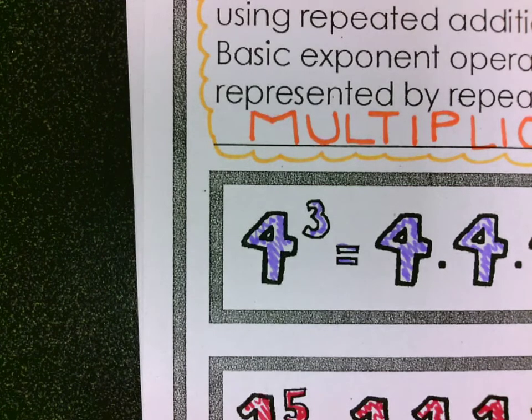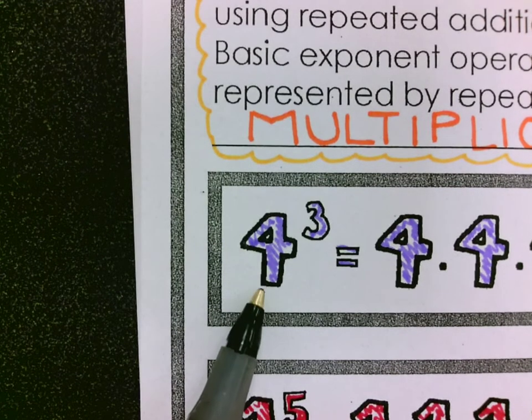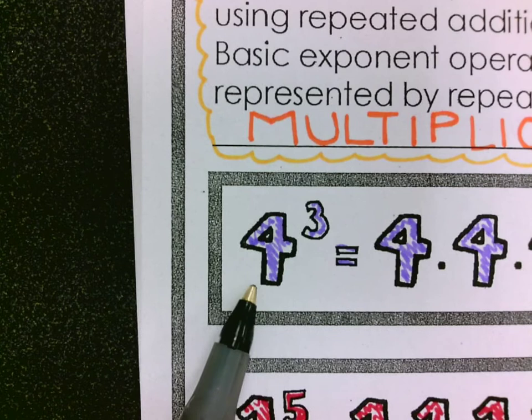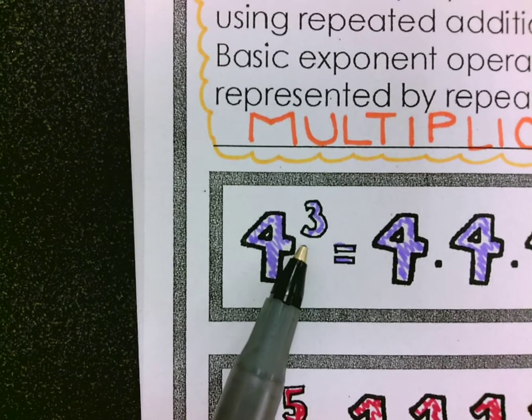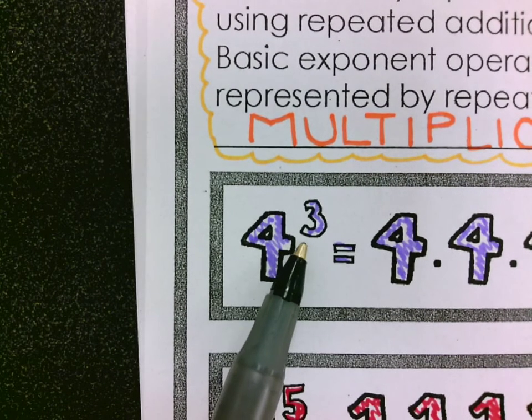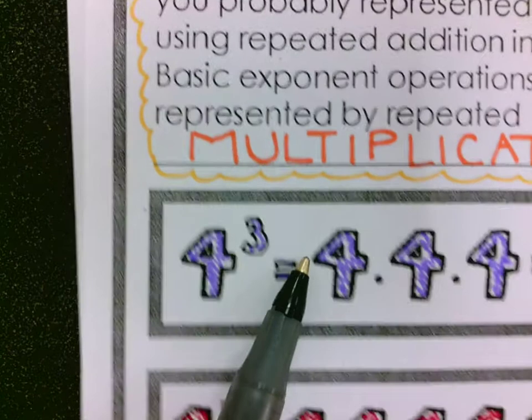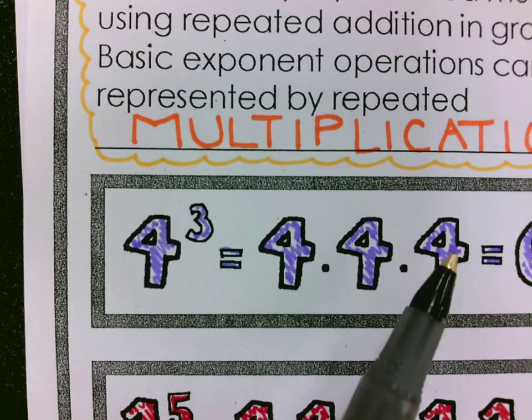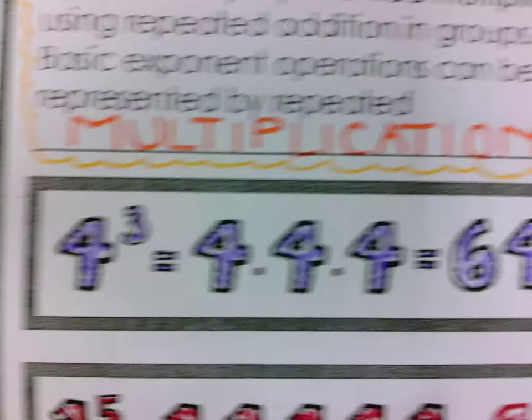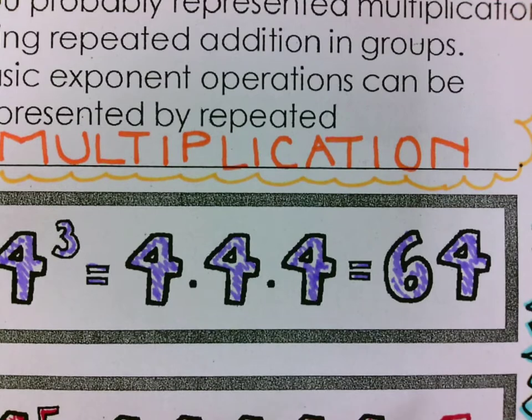So product means we're going to multiply, so we're going to be multiplying 4, and to see how many times 4 will appear as a factor, we look here, and this tells us that 4 will appear as a factor 3 times. So 4 to the 3rd is the same as 4 times 4 times 4, which simplifies to 64.